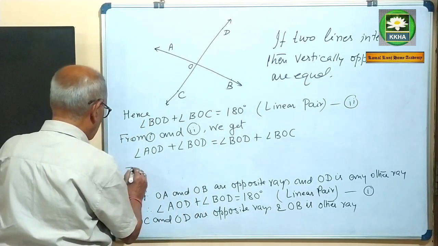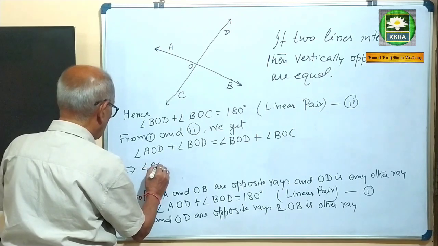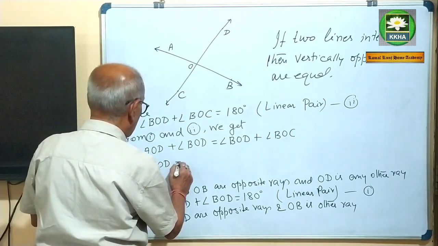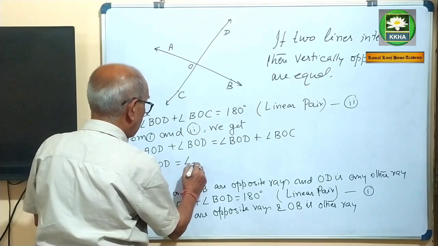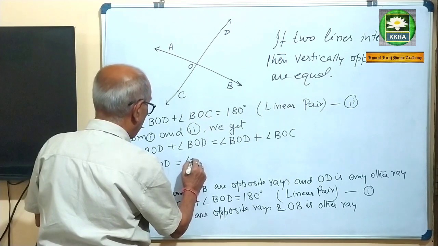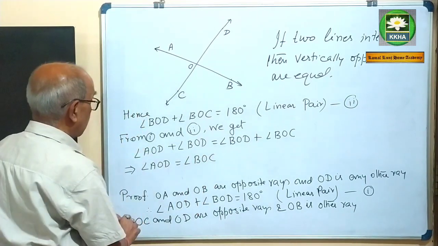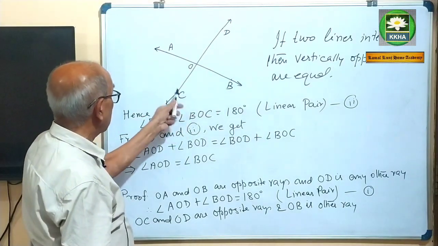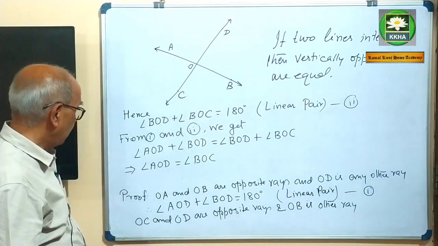This implies that angle AOD equal to angle BOC, that is angle AOD is equal to angle BOC. One pair of vertical angles have been proved.